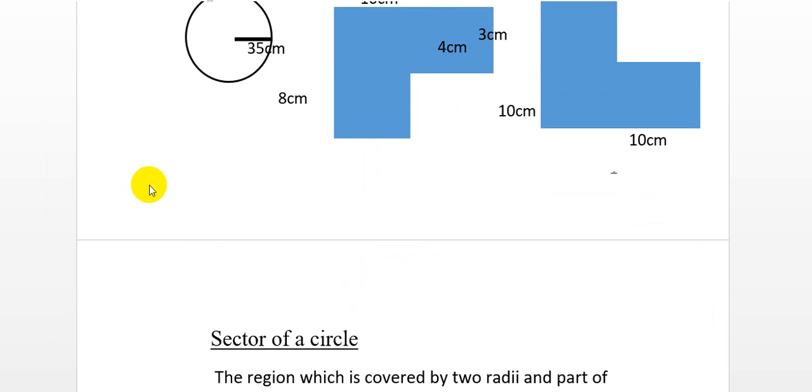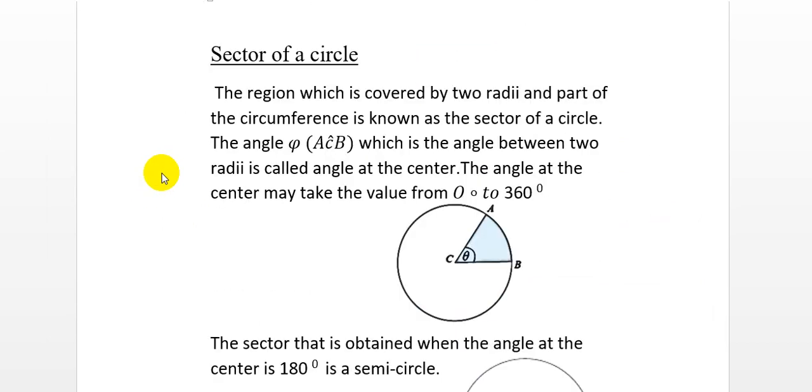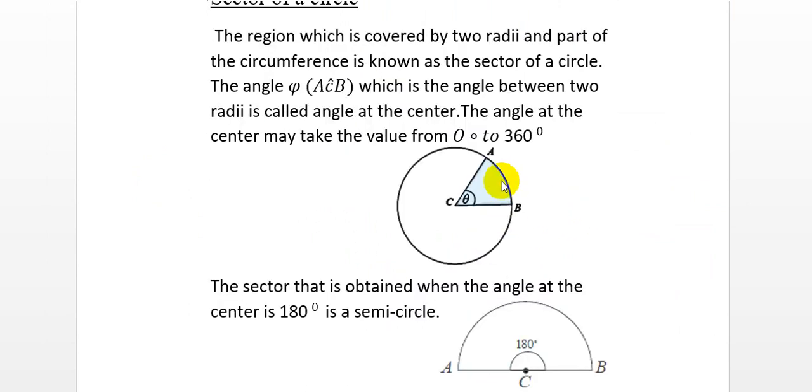Sector of a circle. As you're aware, if I take a portion of a circle, as you can see in this image, highlighted in yellow, the sector is named with the angle ACB.